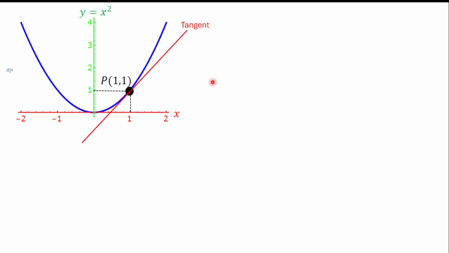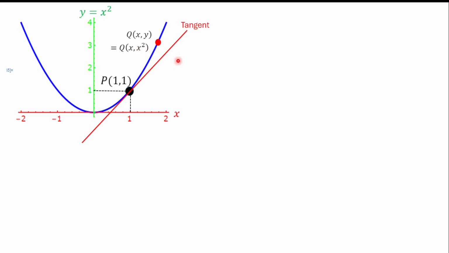So first I want to understand this geometrically, and I consider another point on the curve, and I denote this point Q. Now the coordinates of point Q are x, y, but we know that y equals x squared, so I can rewrite the coordinates in terms of x as x and x squared.